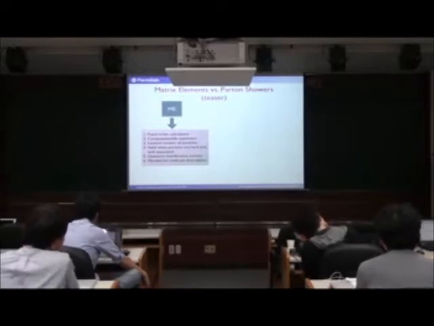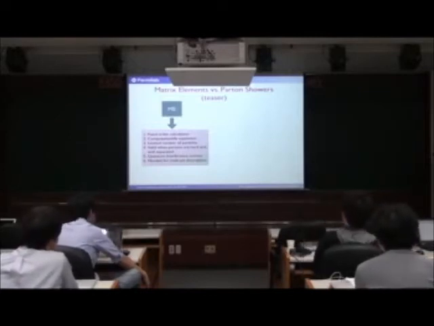So this means that you can only do it for a limited number of particles. In practice, the matrix element itself very quickly gets complicated, especially in QCD. So in practice, you might not be able to simulate more than maybe 4 final state partons or gluons.